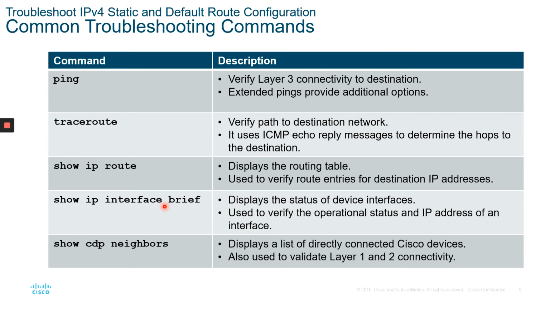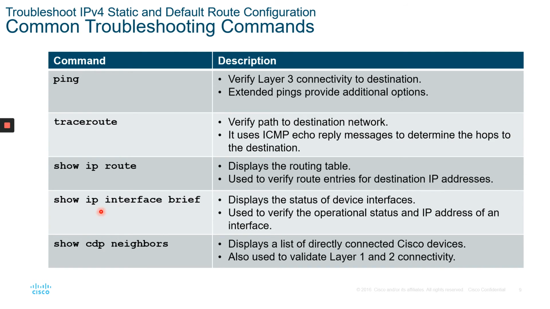You can check their status, whether they are up or down or administratively down, because sometimes as a network engineer you turn down a particular interface for some reason. It could be security related, or maybe it was not used before, so that's why you turn it down. So you can use show ip interface brief to check the status of all the interfaces on your device.